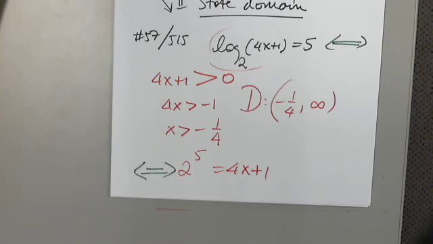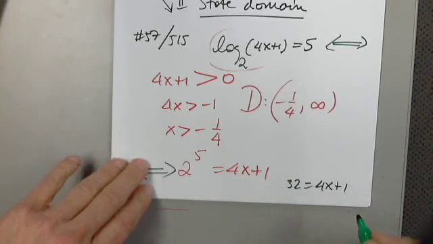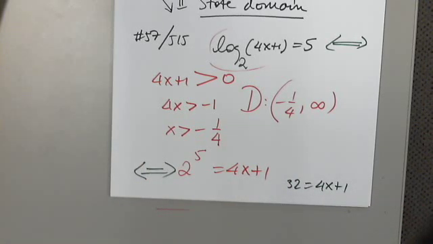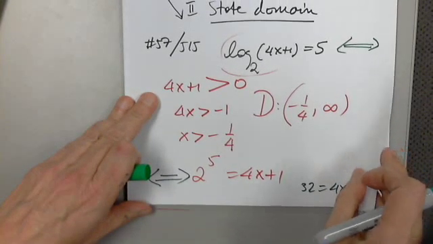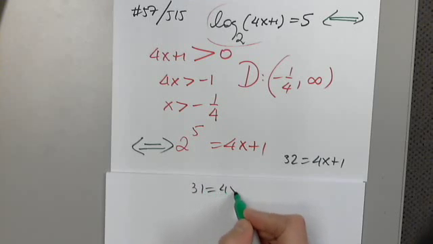What type of equation is this now? No, because the exponent is not a variable. 2 to the 5th is 32. So 32 equals 4x plus 1. So what type of equation is it? Of course. I subtract 1, I get 31 equals 4x.